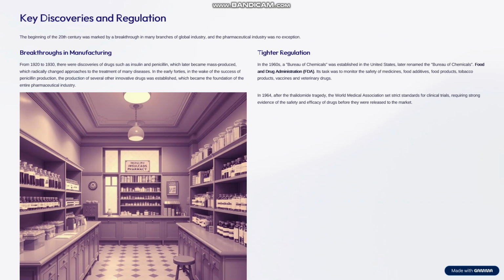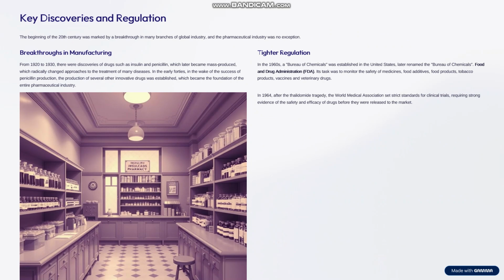In the early 40s, in the wake of the success of penicillin production, the production of several other innovative drugs was established, which became the foundation of the entire pharmaceutical industry. Tighter regulation. In the 1960s, a Bureau of Chemicals was established in the United States, later renamed the Food and Drug Administration.